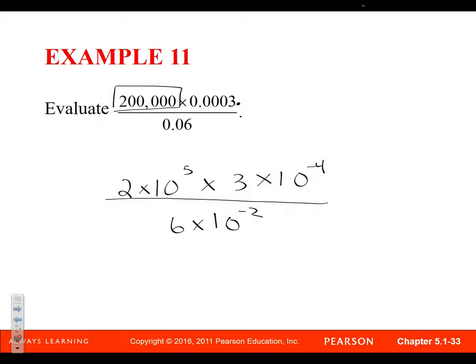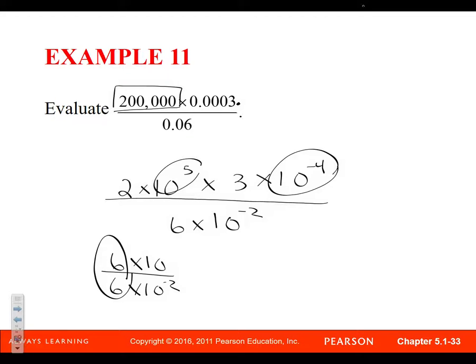All right, you guys ready? What's 2 times 3? 6. Times 10 to the, what's 10 to the 5th times 10 to the negative 4th? 10 to the 1. We don't need to write the 1. And that's over 6 times 10 to the negative 2.